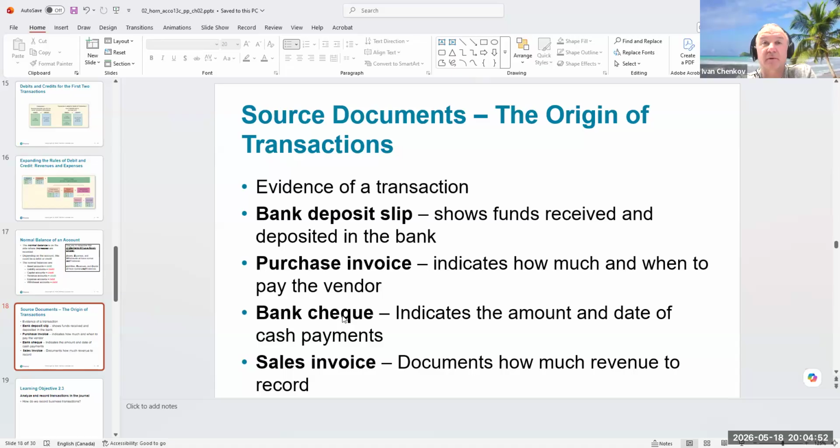So what are we looking for? We're looking for some document. Now, with the technology level, it doesn't have to be always on paper, but it has to be in some format. Is it going to be electronic format? Is it going to be physical format? Whatever it is, it has to be in some form of evidence.